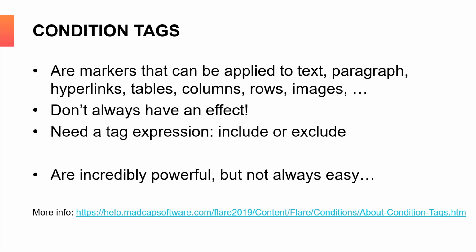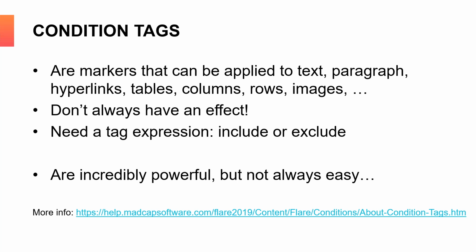You can obviously use them, but you need this tag expression. You need to explain to Flare, to a target, to a snippet, what this tag actually means, how you want to use it. So whenever you start conditioning text, you start adding these condition tags, you have to think about how you want to use this.